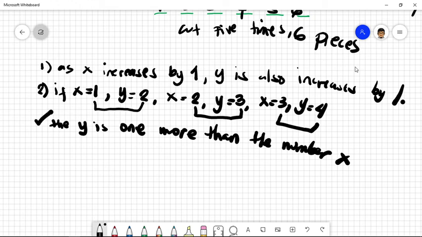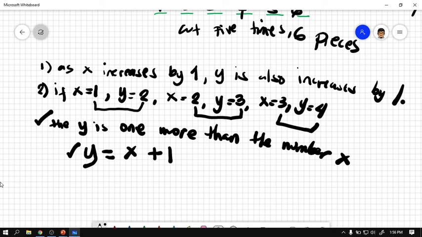Next, paano natin i-interpret iyon using the formula? Sabi niya, the number of pieces is 1 more than the number of cuts. Pag 1 more than, so that is plus 1. Meron na tayong formula.